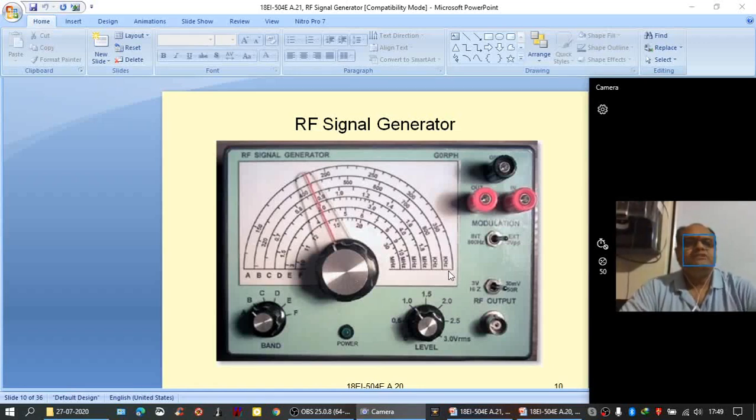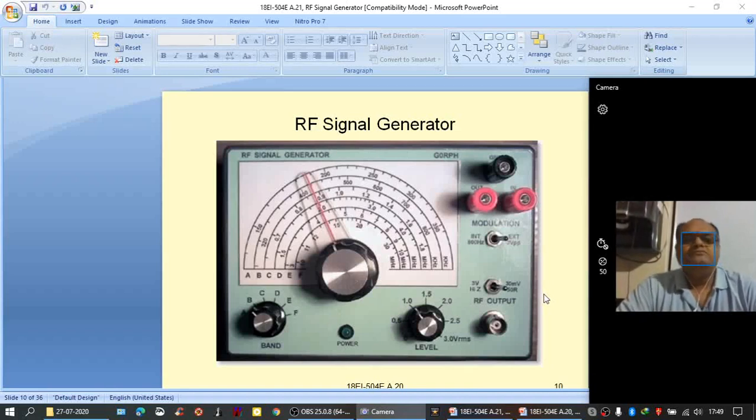Some other digital methods also are there: pulse modulation techniques, pulse width modulation, pulse position modulation. A variety of modulation techniques are there, and they are successfully implemented, and we are making use of those fruits only.